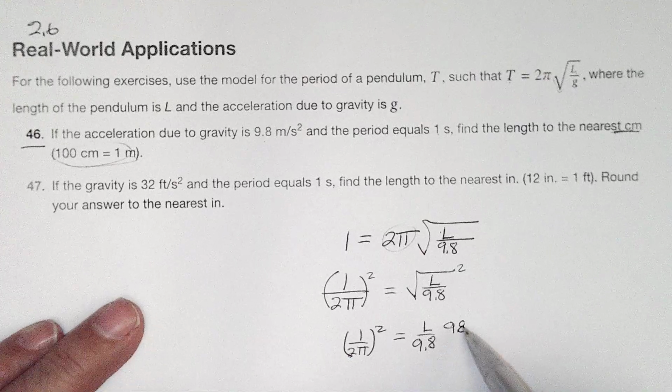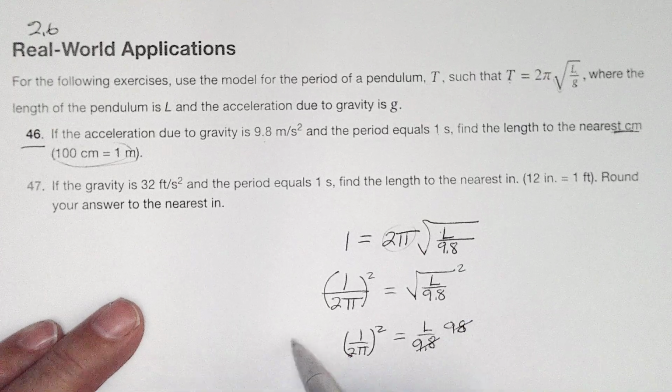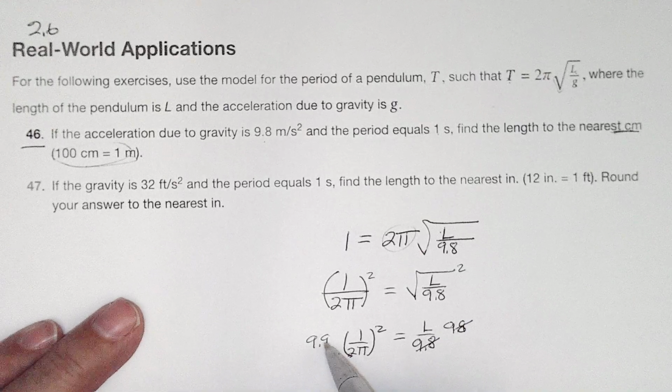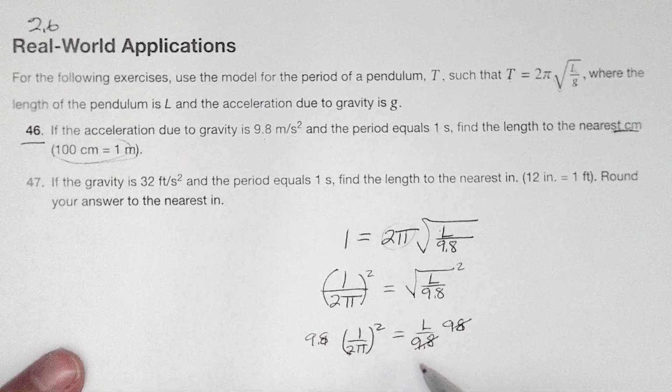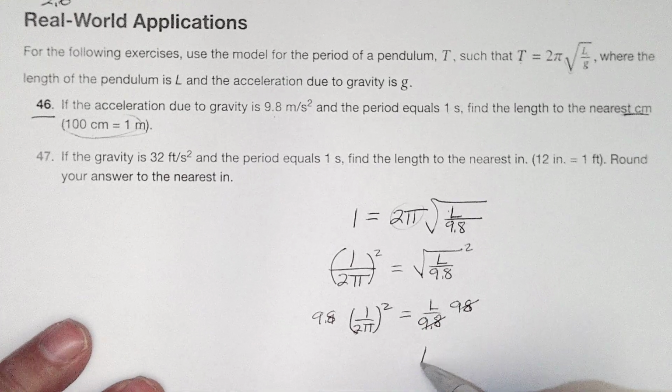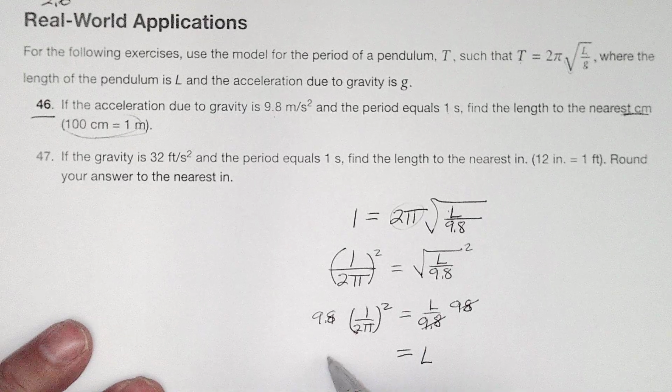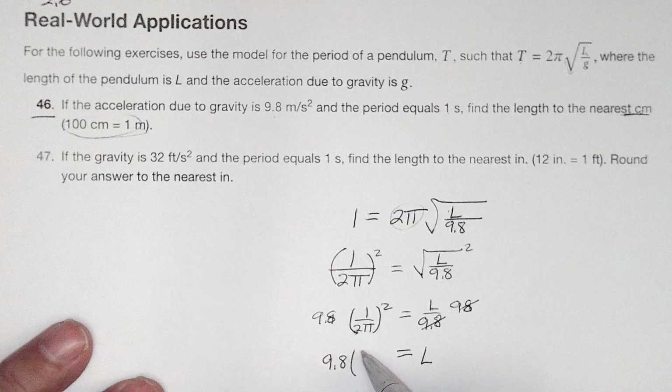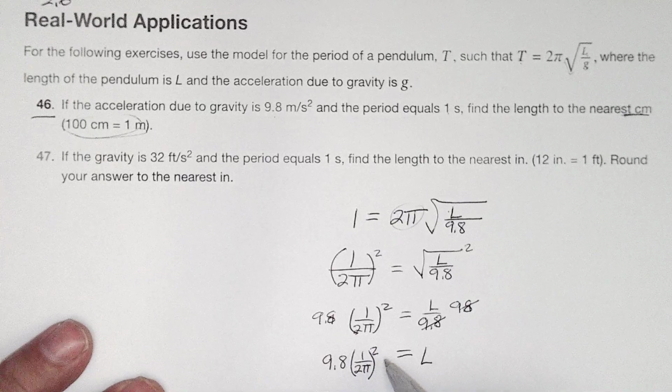The opposite of dividing is multiplying. So I get that L is 9.8 times 1 over 2 pi squared.